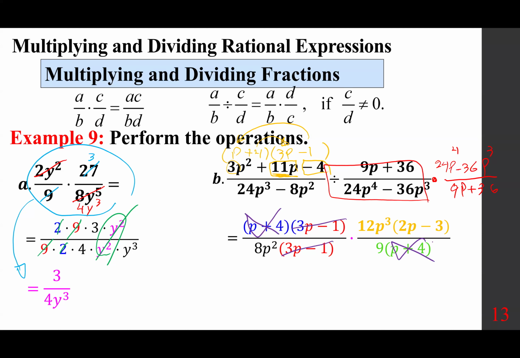And because we don't want it to get crammed, we can continue with that, but let's just write what we have. What is left is 12p cubed times 2p minus 3 in the numerator, 8p squared times 9 in the denominator, and we can factor things out as follows.